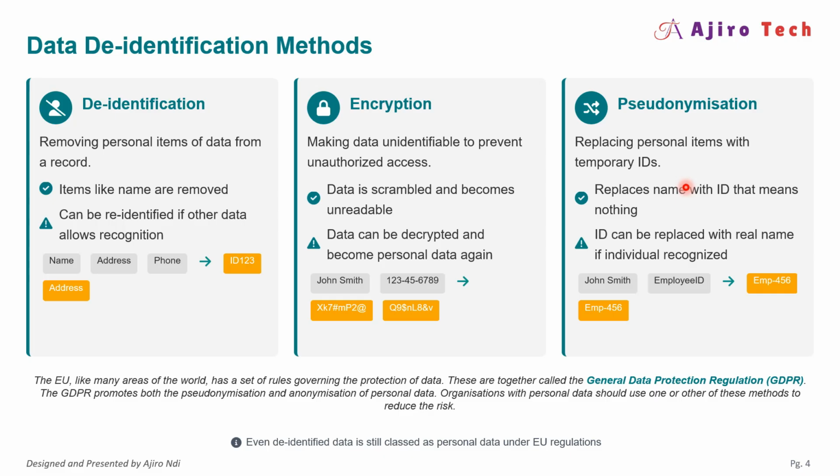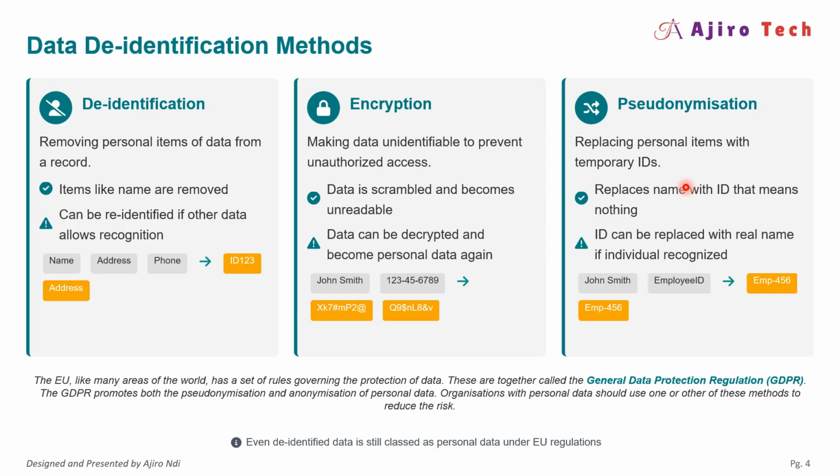So if they can recognize the individual from the rest of the record, because you're only replacing the name with an ID, the rest of the record, like address and everything, is still there. So if the person is able to recognize all this information from the address and everything, they can still identify that individual. Okay? I talked about what the EU did: they had this set of rules governing the protection of data, called the General Data Protection Regulation, GDPR.